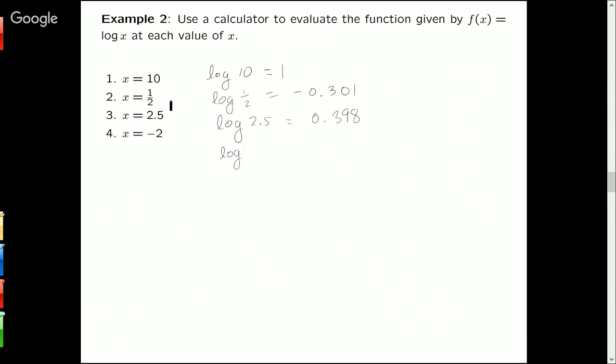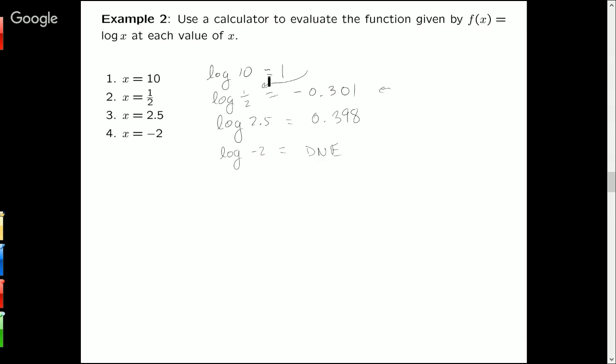And then here's a fun one: log of a negative number does not exist. You can't plug in negative numbers into your logarithm. You can only plug in positive values. You cannot even plug in 0. Notice that if you plug in fractional amounts, you get negative numbers.